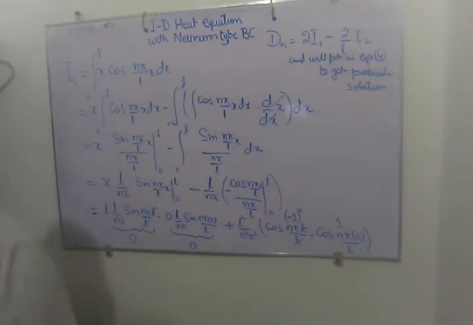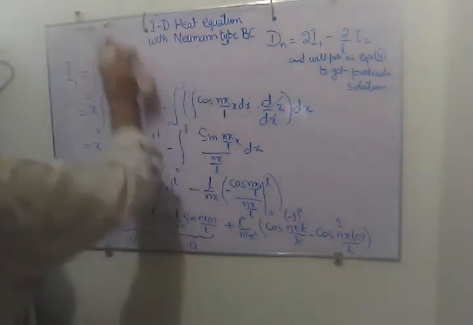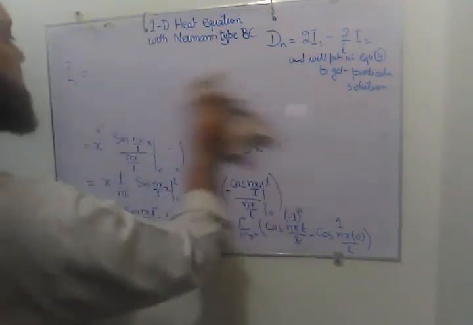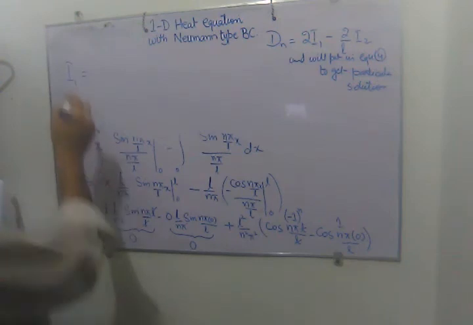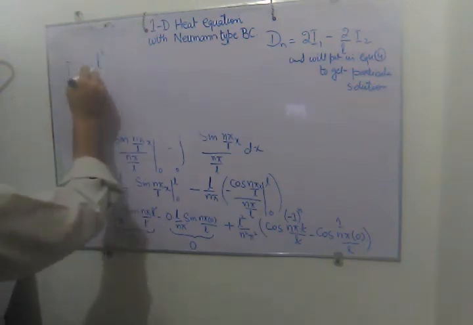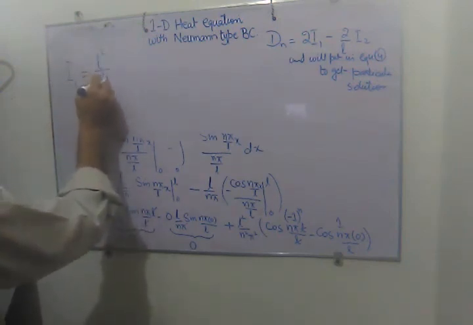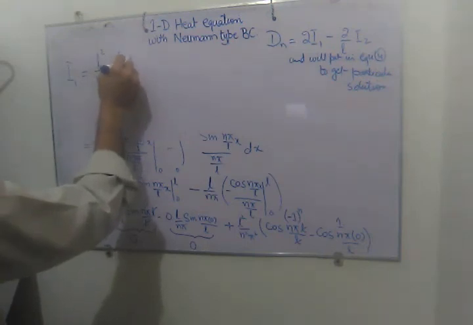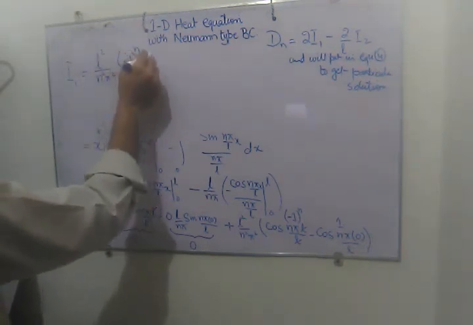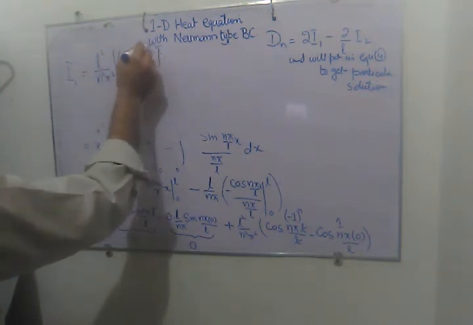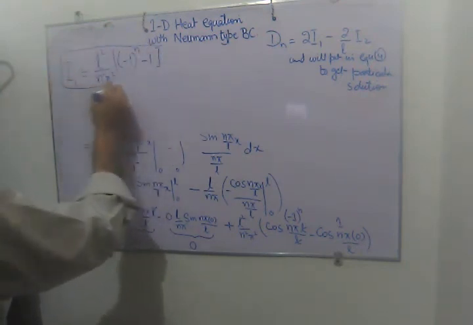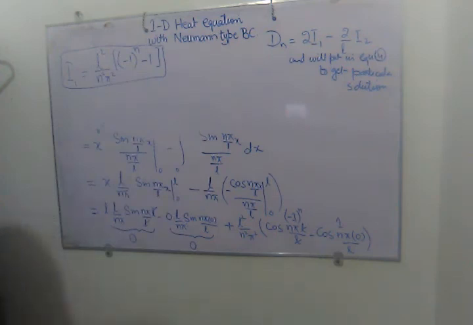Now what we have remaining with the I1 value, I1 is L square upon n square pi square into minus 1 raised to the power n minus 1. So this is the value for I1.